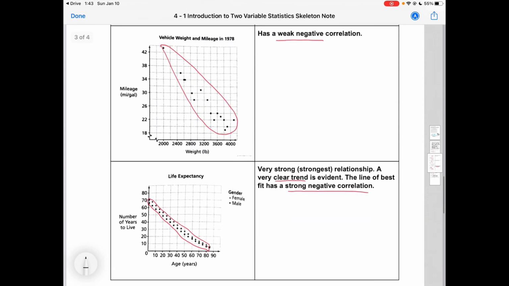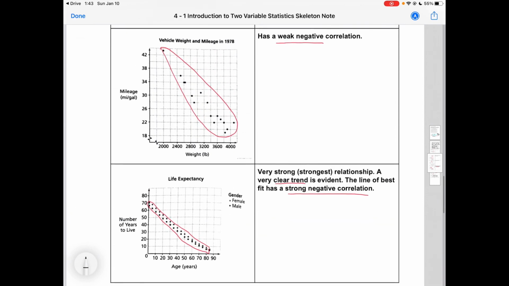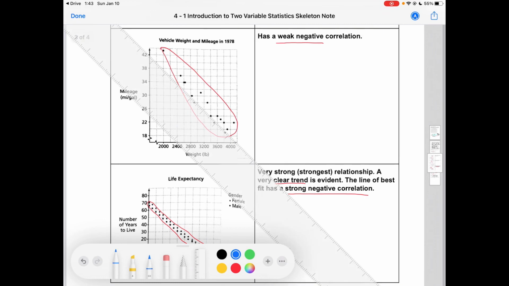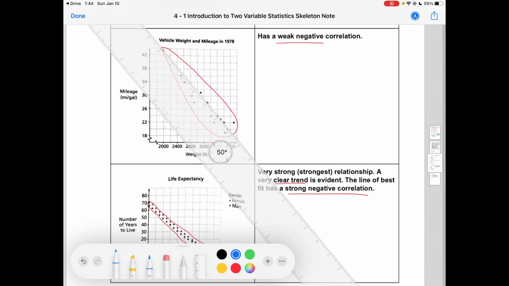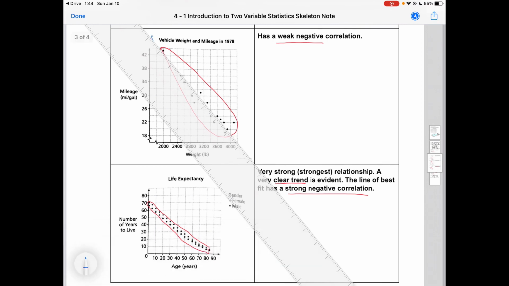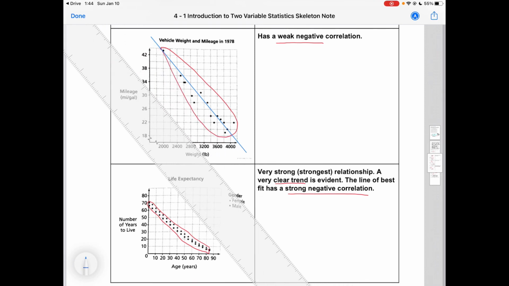Before I conclude, let's go back up to these two examples of the negative correlation. I'm going to draw on a line of best fit here in blue, approximately. You want about the same number of points above and below your line of best fit.